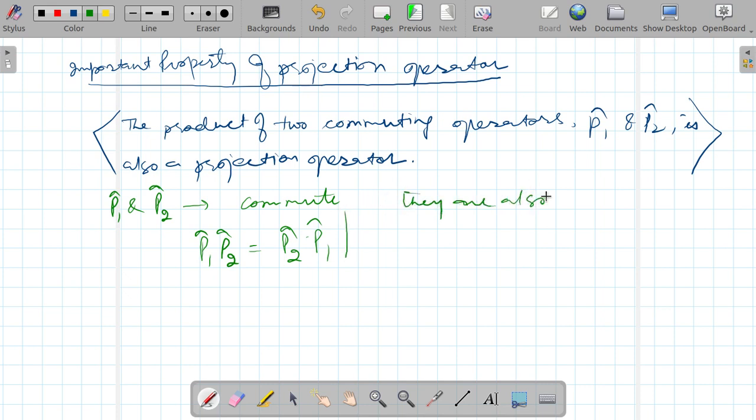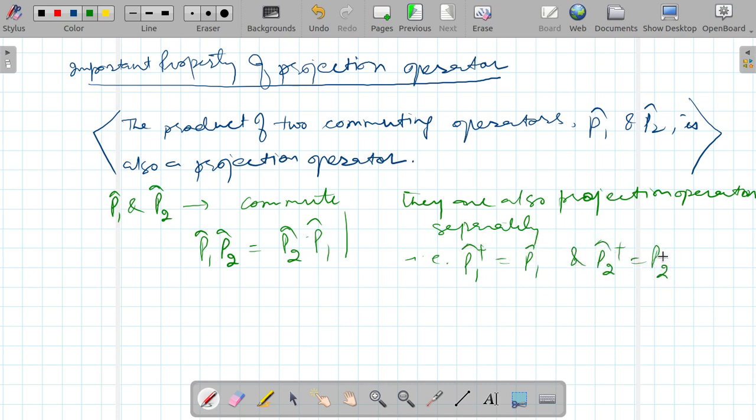They are also separately projection operators. That means P1 dagger is equal to P1 and P2 dagger is equal to P2. Also P1 square is equal to P1 and P2 square is equal to P2.